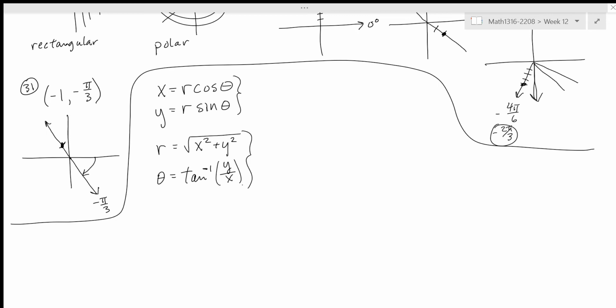Y'all can probably figure this out on your own. Do you see that this calculates x and y? So which direction would this be? Polar to rectangular. And of course the other one is, by process of elimination, rectangular to polar.